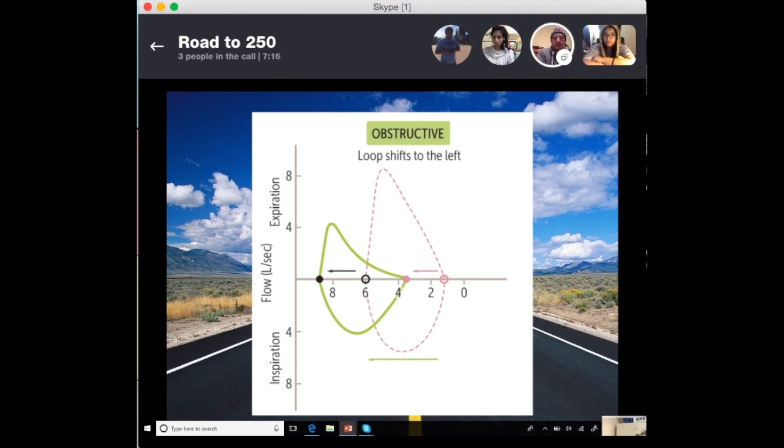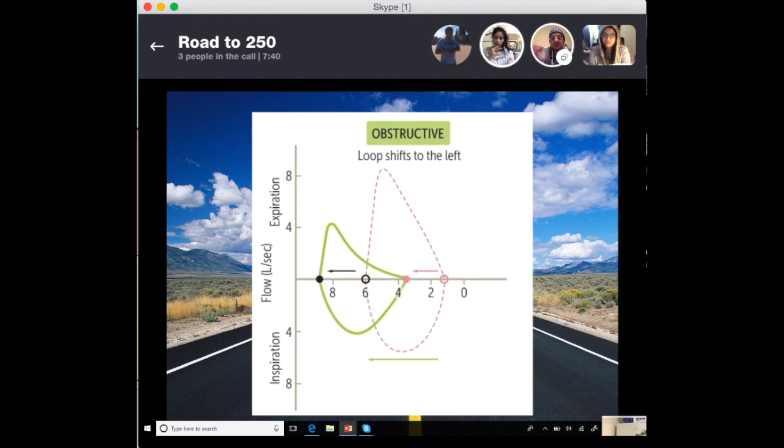So, compared to the normal flow volume loop, which we see here, obviously, we don't have our little lines that tell us our TLC, our RV, and our FVC.